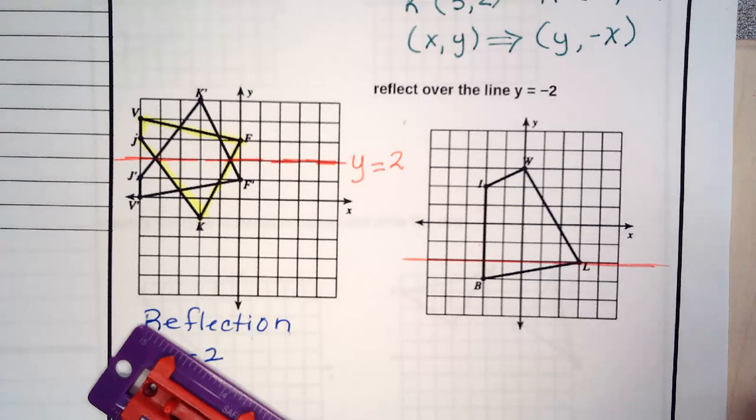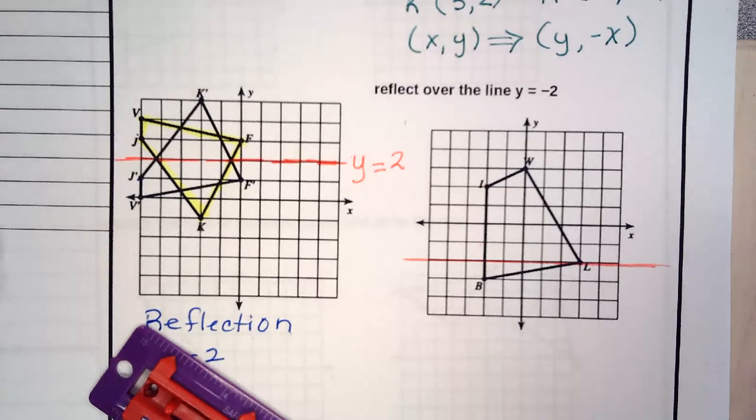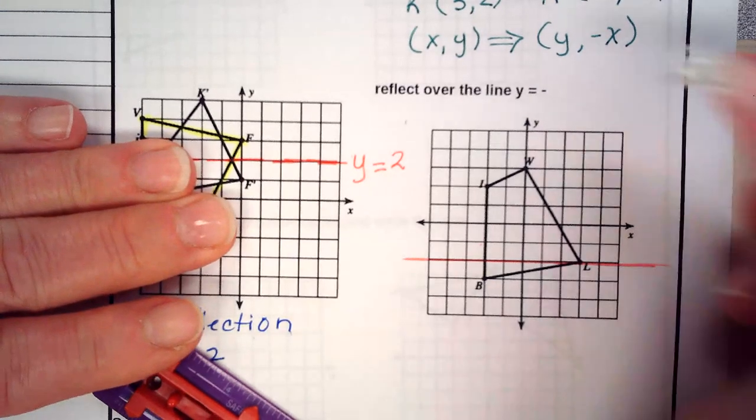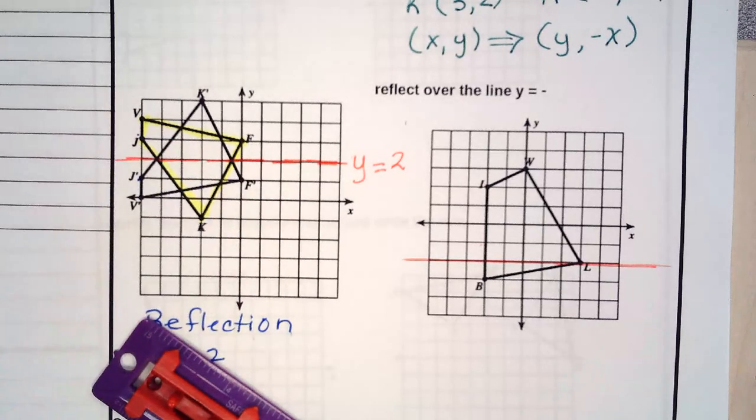If I'm looking at this, I don't think I can reflect over because I'm going to go off the figure. So we're going to change that to y = -1 so that it will work.